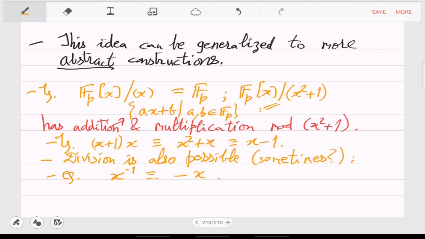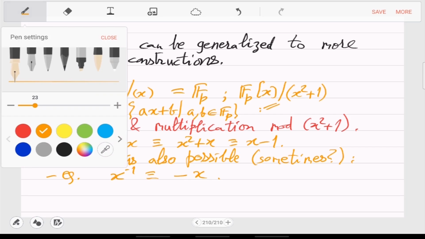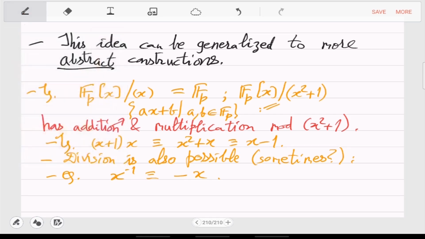Once we have generalized mod arithmetic to this symbolic abstraction, when do you think an inverse will exist? Always, except 0. Every element has an inverse, which means that this mod arithmetic gives you a field. Exactly.